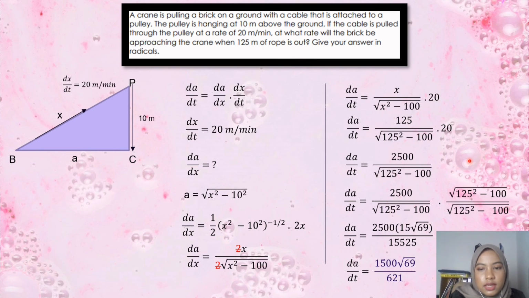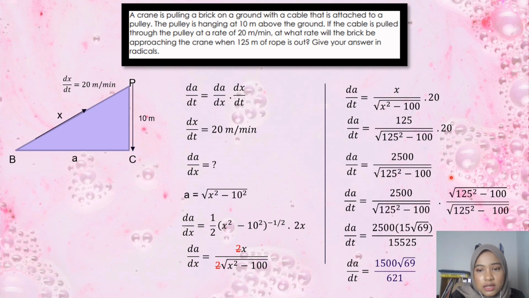When you do that, you will get dA/dt equal to 2500 over the square root of 125 squared minus 100. From here you need to change the form into radical form, because that is what the question asks.